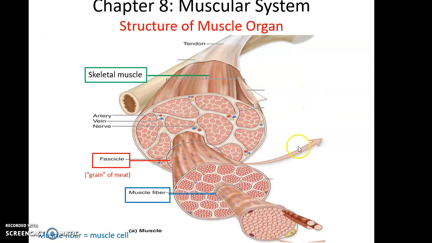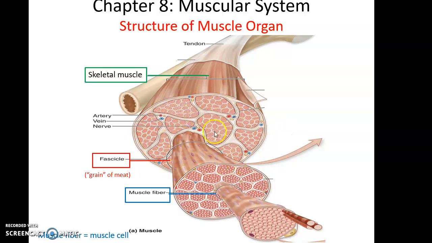So here is a look at a muscle organ that has been cut, as it were, to see internal structures. If we look into the section here of the skeletal muscle, we see that there's all these little packets of things bundled up in the muscle. These packets are referred to as fascicles.